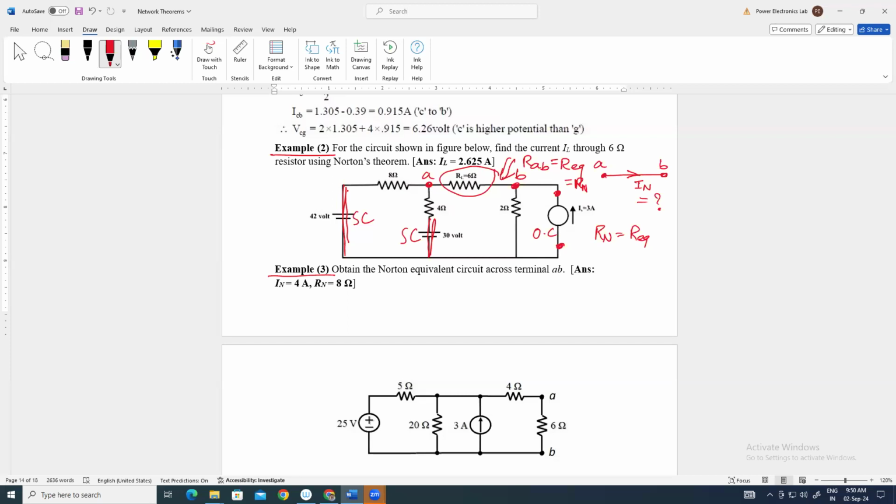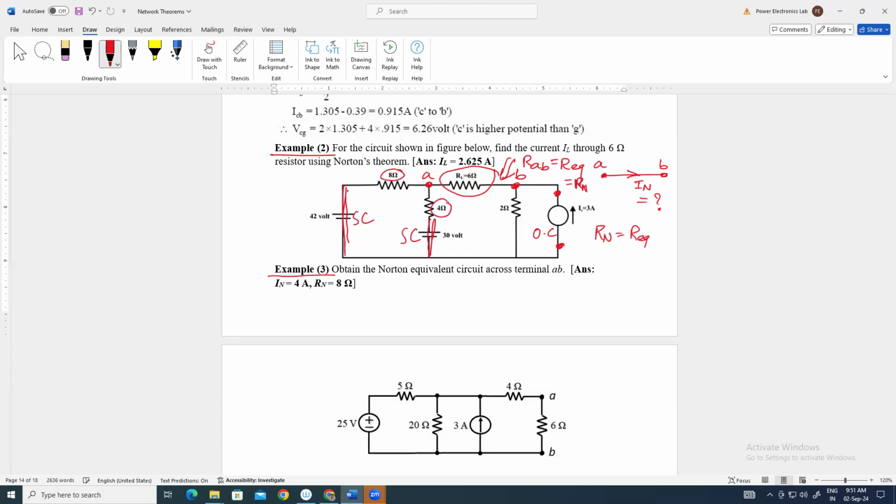So which resistances will be in series, and which will be in parallel? When these two are short circuited, which two resistances will be in parallel? Sir, 4 ohm and 8 ohm resistance. These two, है ना?